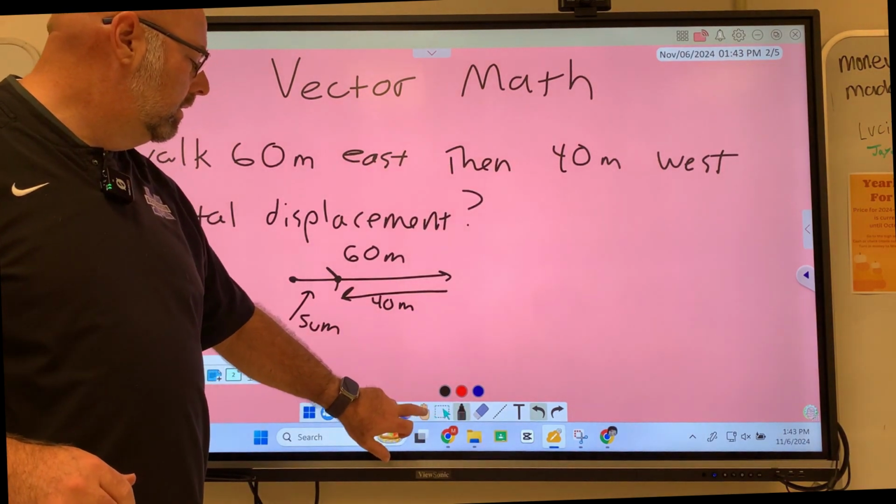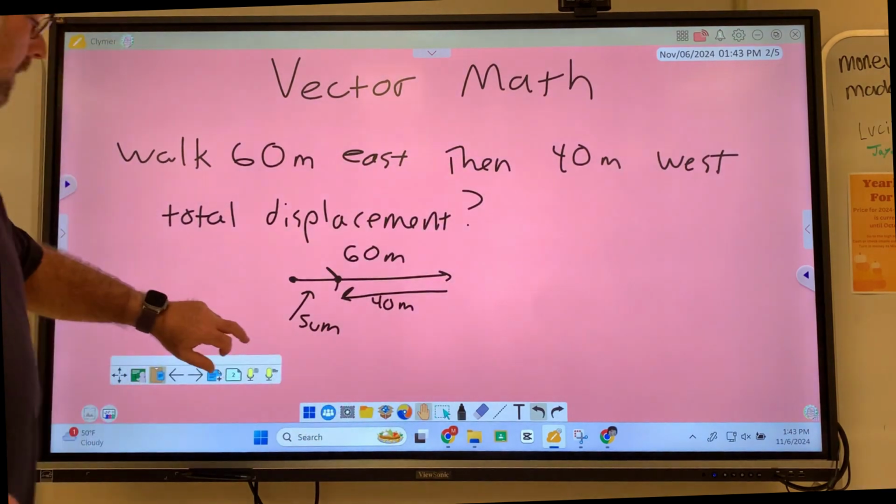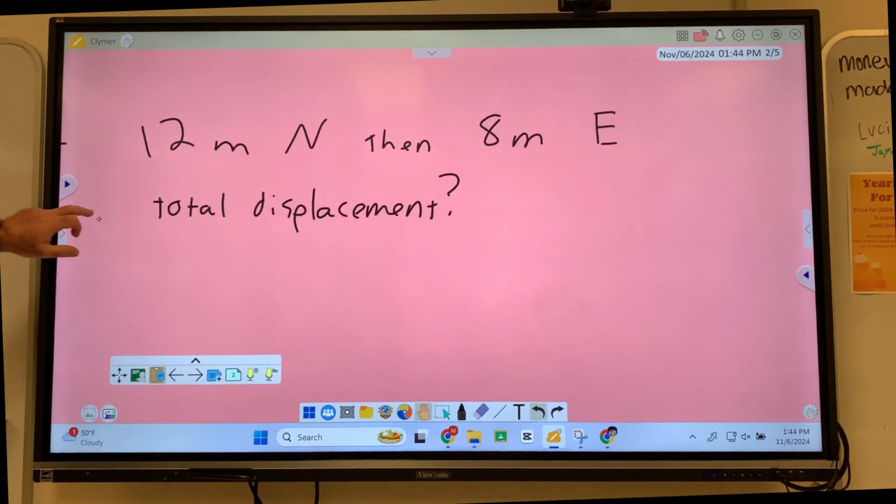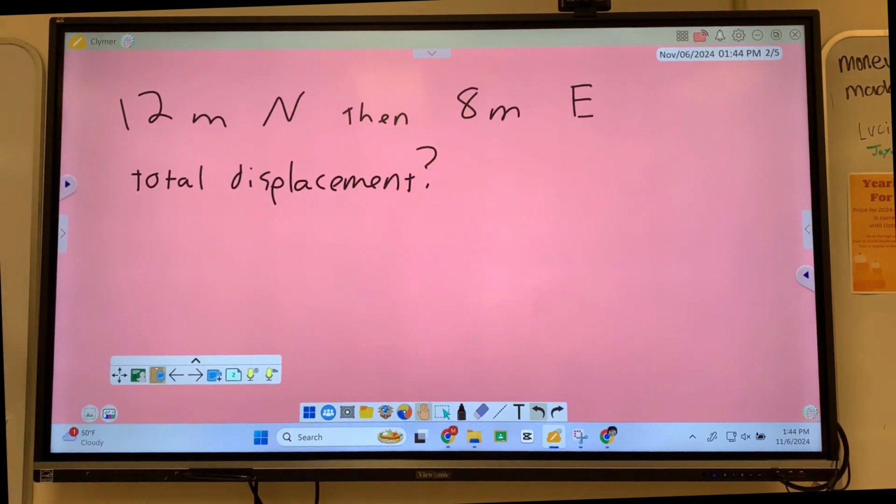Let's make this a little bit more interesting. If I take this journey instead, what is my total displacement? And again, each of these movements is a displacement, so we have a distance and a direction. And then my overall answer will basically be where I end up. If I start by walking 12 meters north, and then I walk 8 meters east, where will I end up?